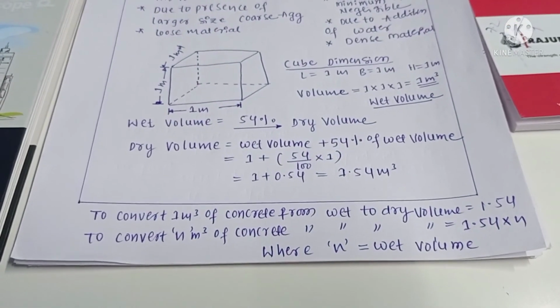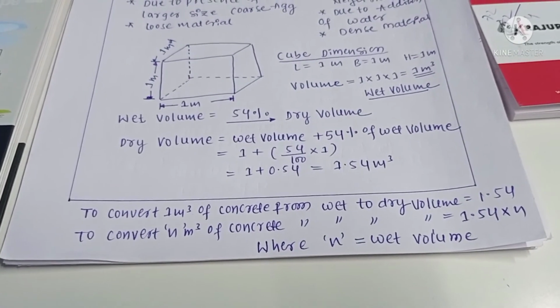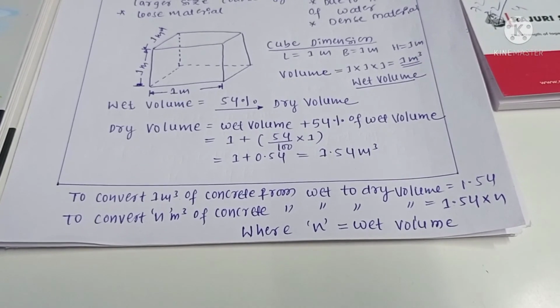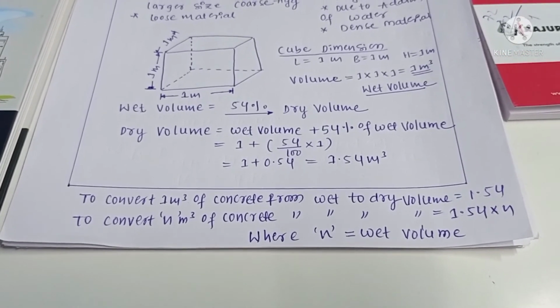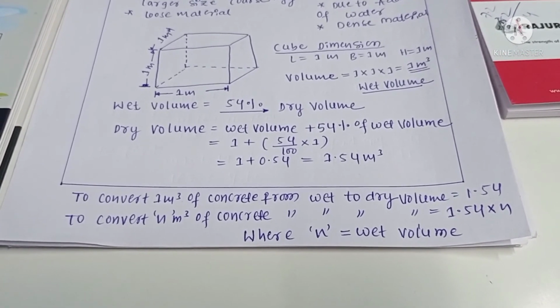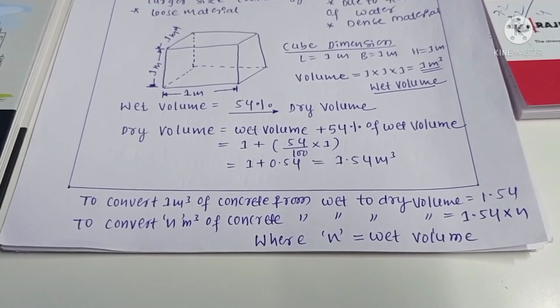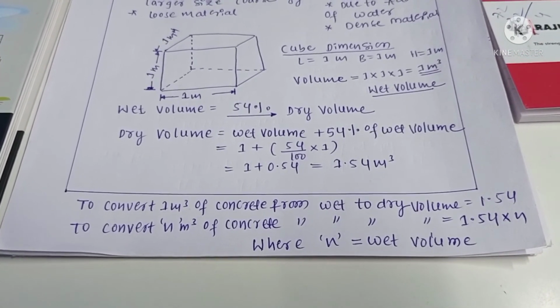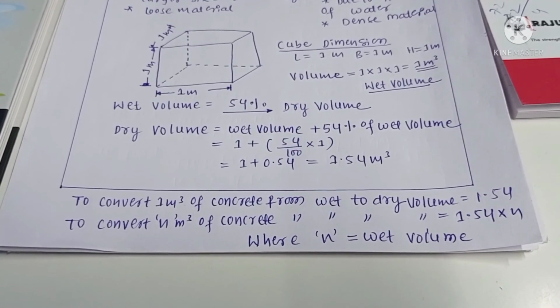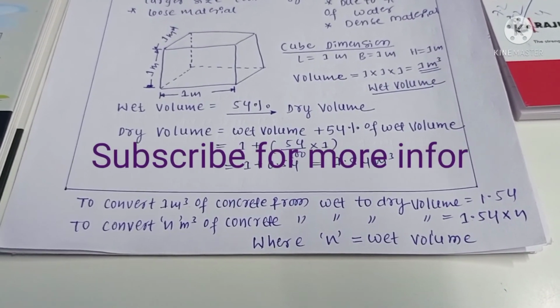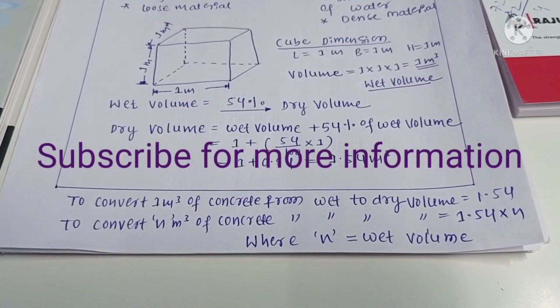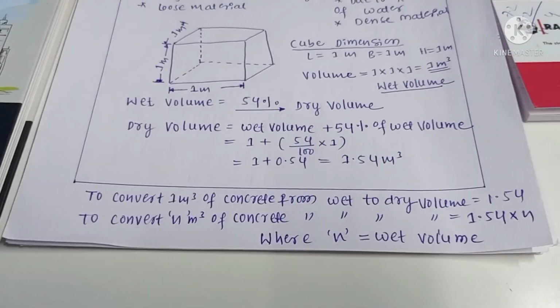So to convert 1 meter cube of concrete from wet volume to dry volume, we have to multiply by the factor 1.54. To convert n meter cube of concrete from wet to dry volume, we multiply n by 1.54, the multiplying factor, where n is the wet volume.